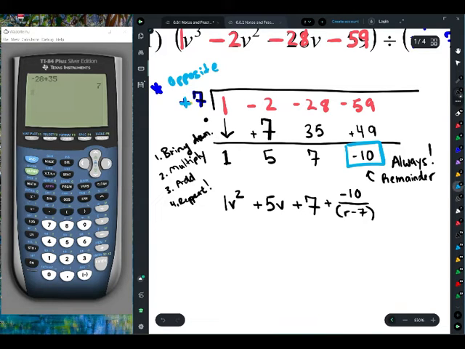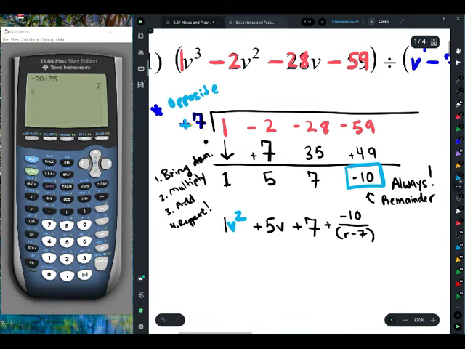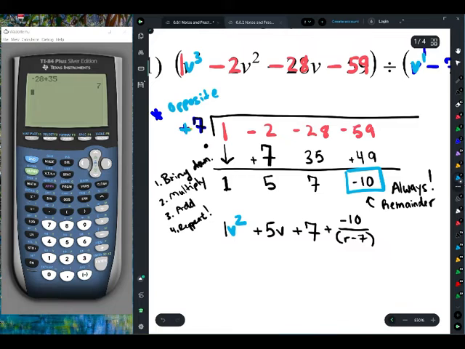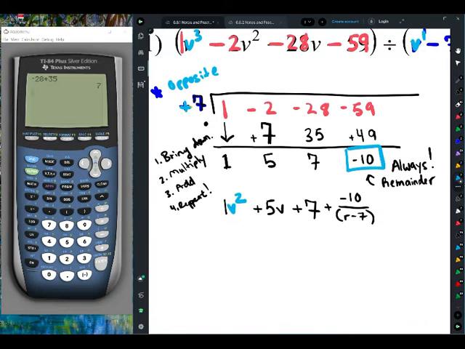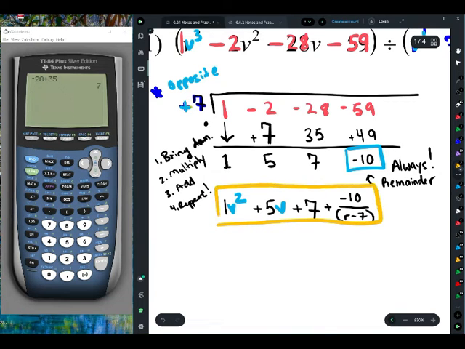We start with v squared because it is 1 less than v to the third, since we divided by v to the first. Then it goes down in order from your degree: v squared, v to the first, v to the 0, which is just 1, our constant. So that is your final answer, remainder and all.